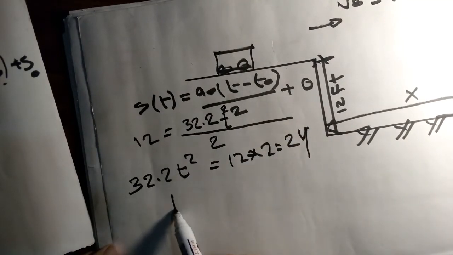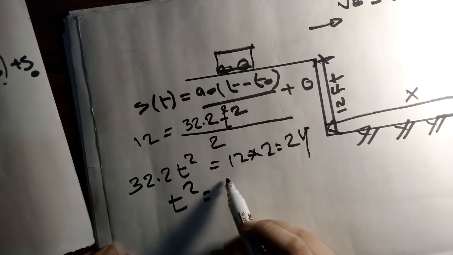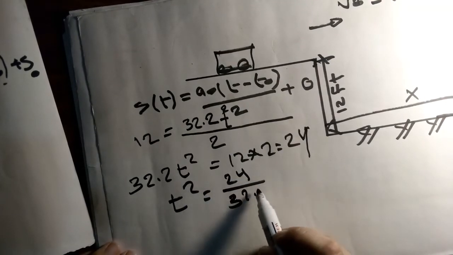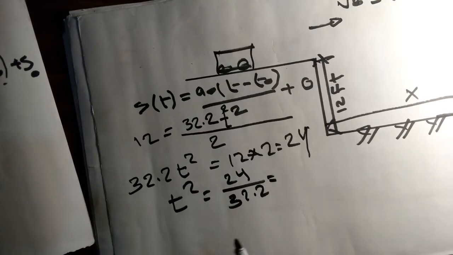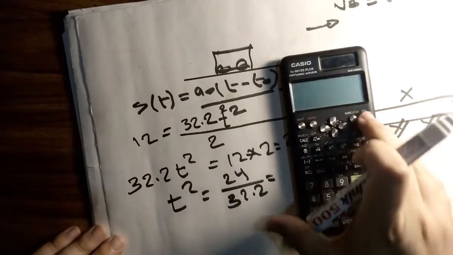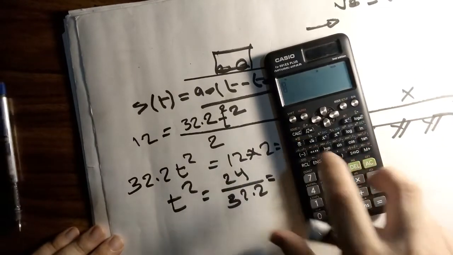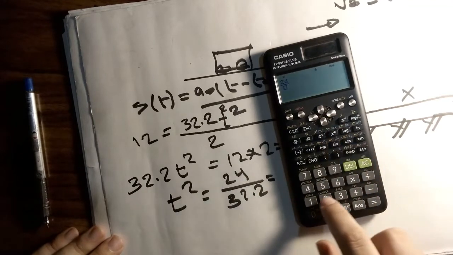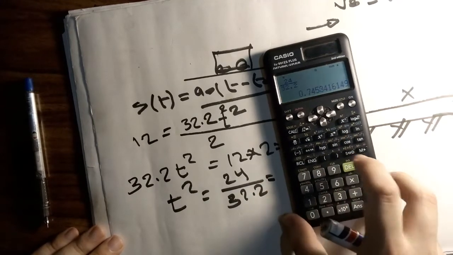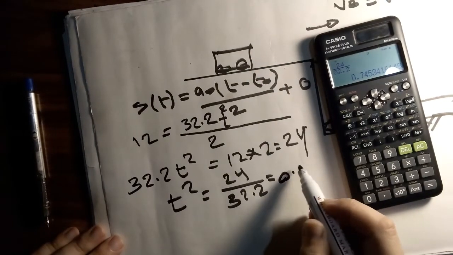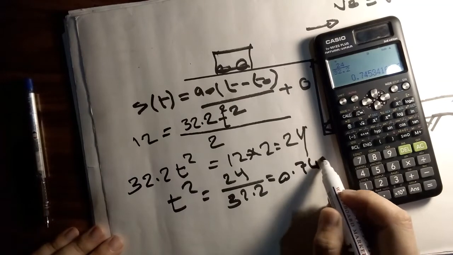So t squared equals 24 divided by 32.2, which equals 0.745.